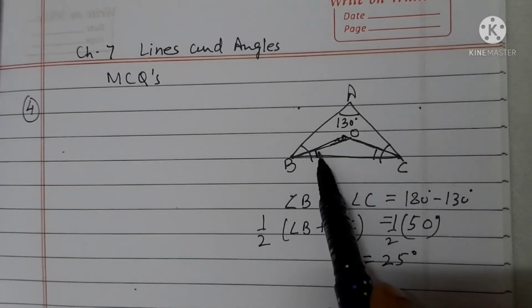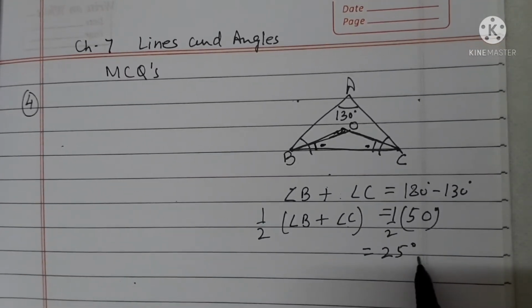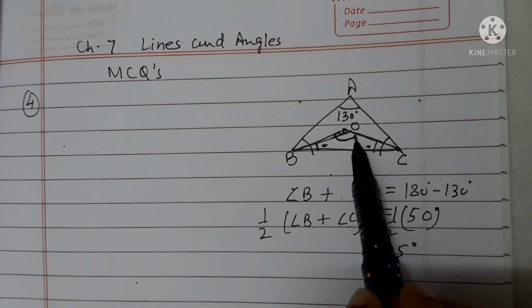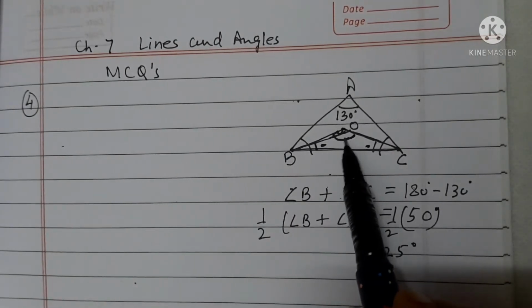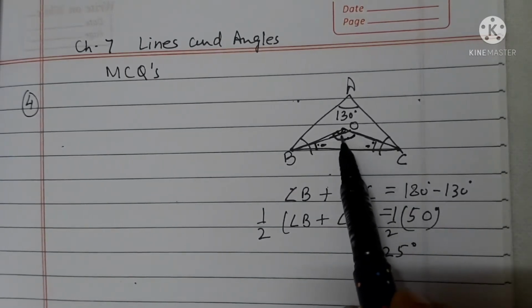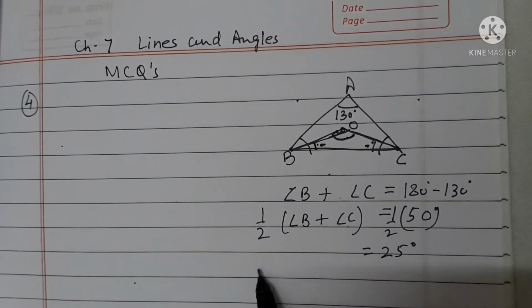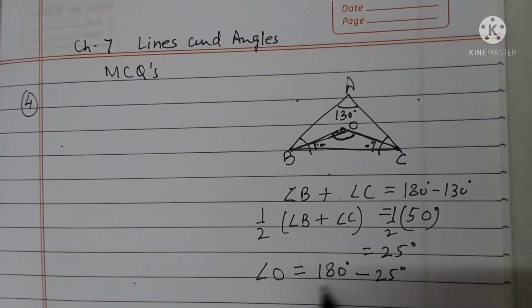So half means the sum of these two angles is 25 degrees. And what becomes this angle? You will get it when you subtract these two angles from 180 degrees. So you get angle O is equal to 180 degrees minus 25 degrees.